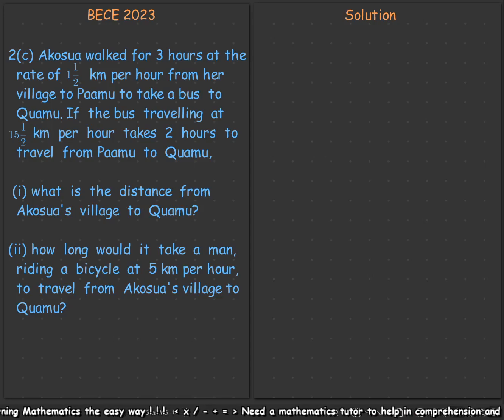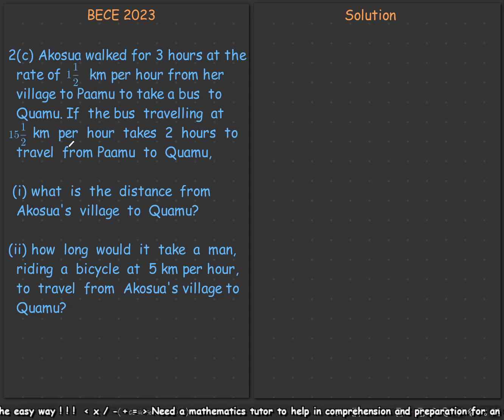We are still on BECE 2023 and this time around we are looking at question 2C. It says, Akosua walked for 3 hours at a rate of 1.5 kilometers per hour from her village to Paamu to take a bus to Quamu.